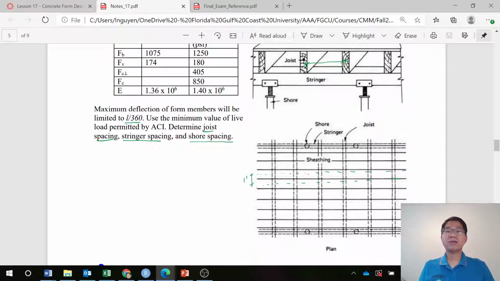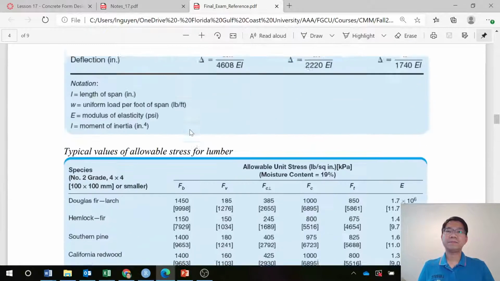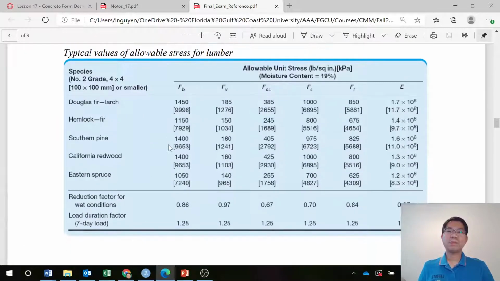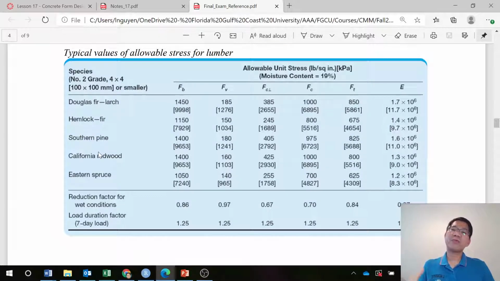The same goes for other properties. Like I say, if the problem doesn't give them, you can go to the table on page 4, where you can find different types of wood, Douglas fir, California redwood, etc.